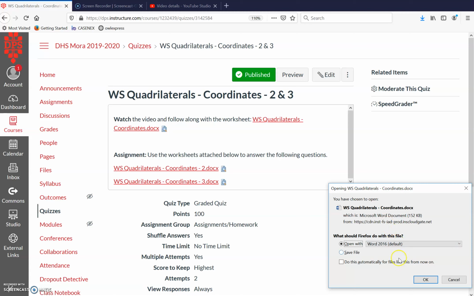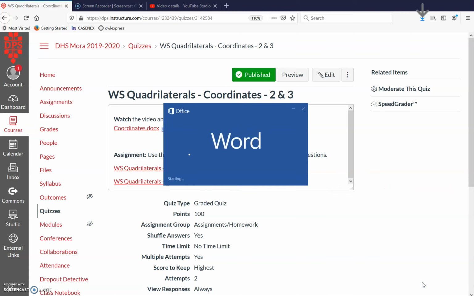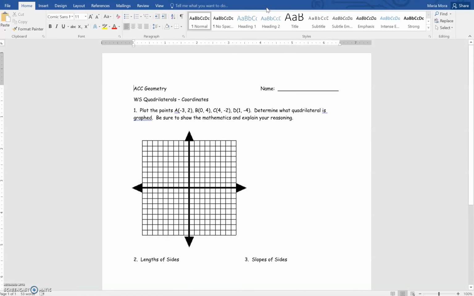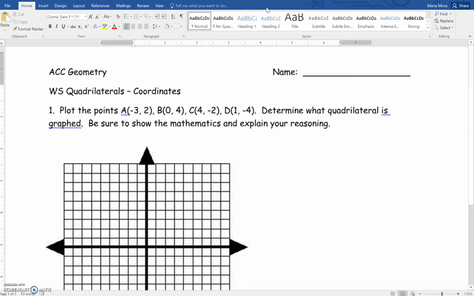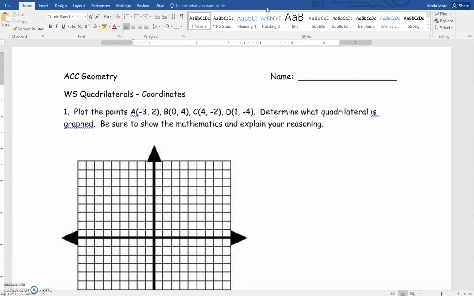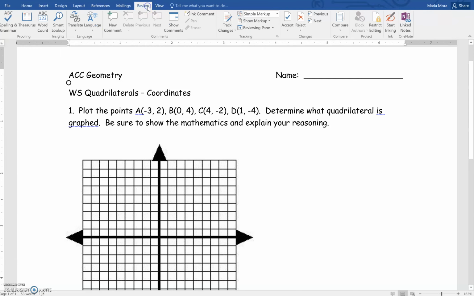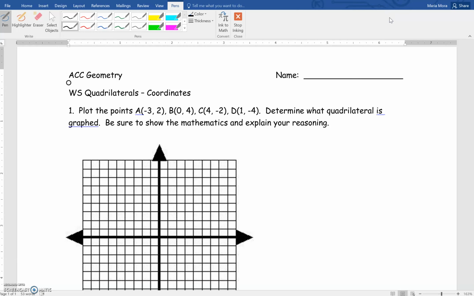I'm going to click there and it's going to ask me to open it in a Word document. I'm going to click on Enable Editing. I'm going to zoom in. Okay. And if I click on Review and do Start Inking, I will be able to annotate over all of this document.